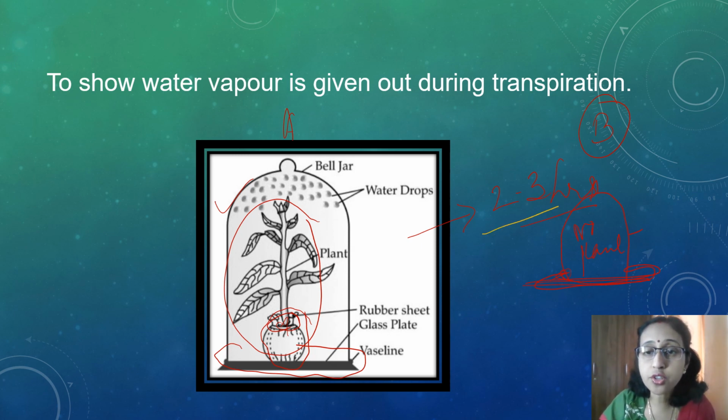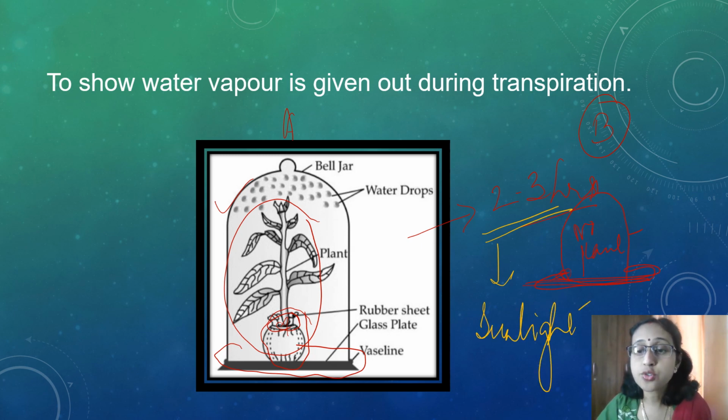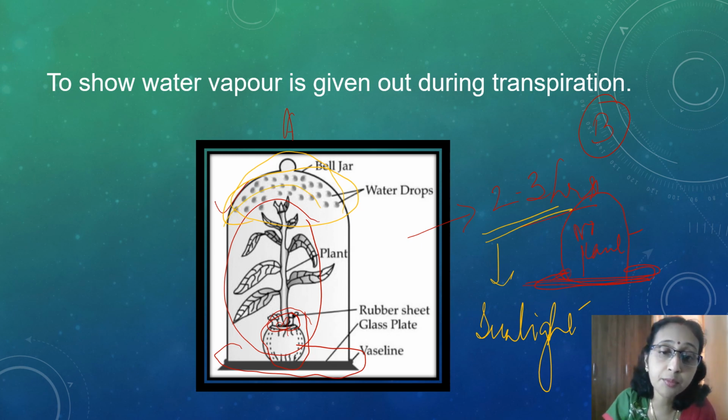After 2 to 3 hours in direct sunlight, what do we observe? We observe droplets of water vapor on the bell jar, which is due to transpiration, so the water is lost from the aerial part of the plant.